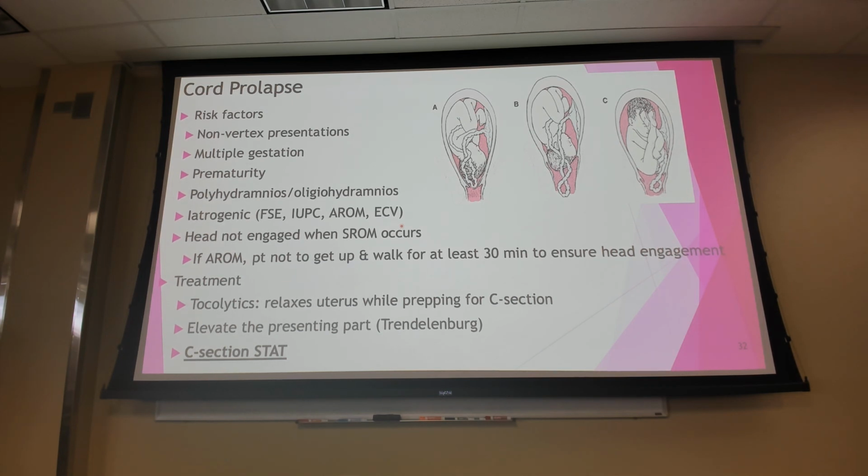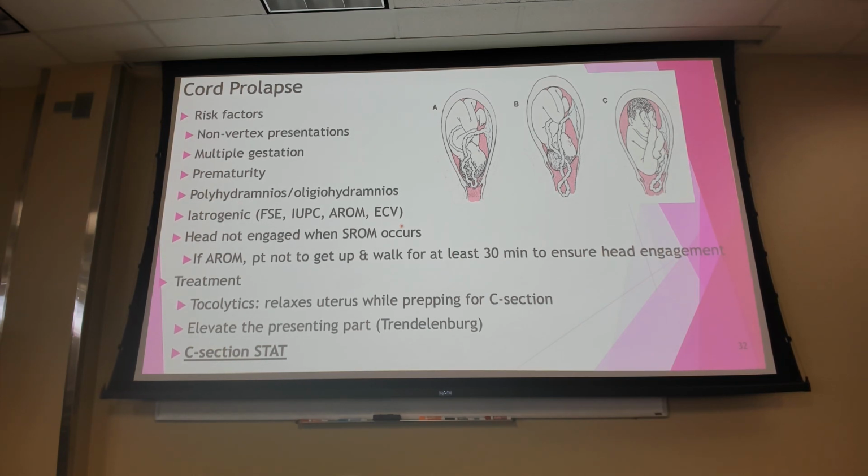We artificially rupture those membranes, and that increases it. We place that fetal scalp electrode. All of those are maneuvers, kind of pushing the baby around a little bit, and they allow the cord to slip down around baby and then outside. So if we do artificial rupture of membranes, these moms have to lay down flat for at least 30 minutes afterwards to allow that head to engage.